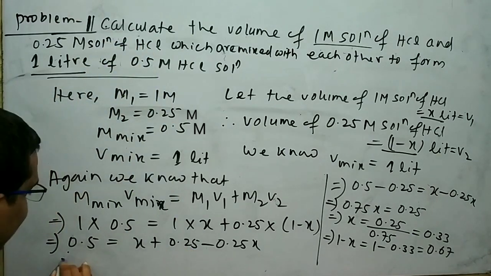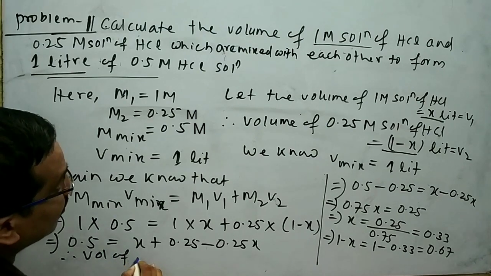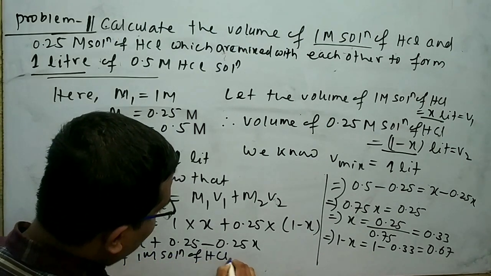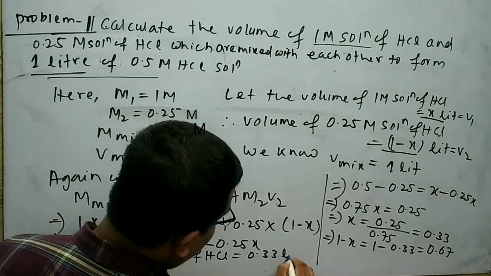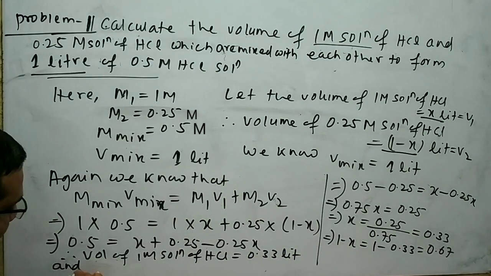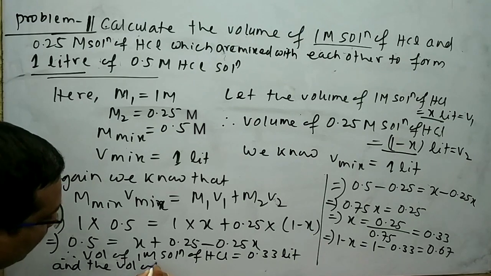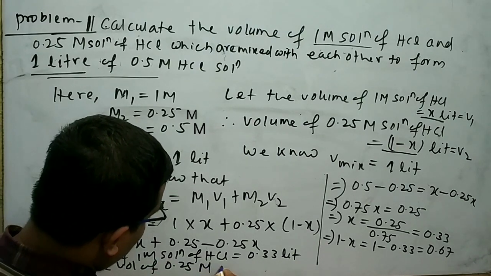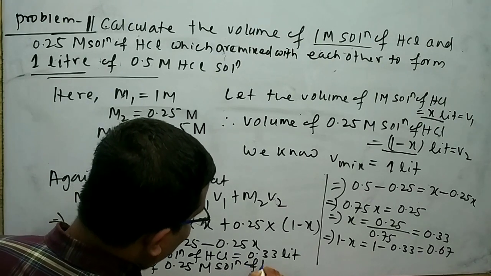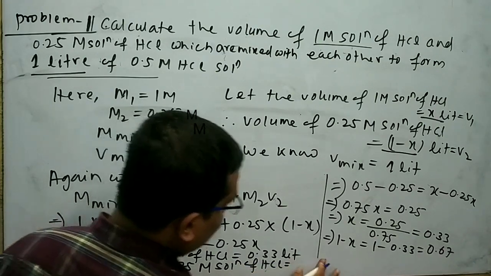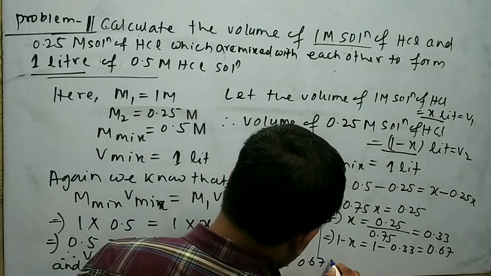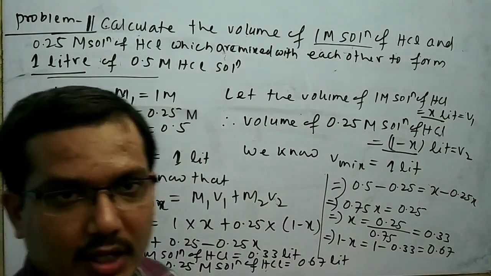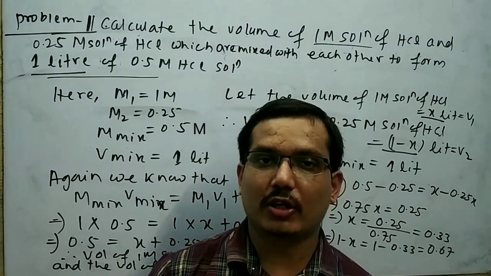So I can write volume of 1m solution of HCl equal to 0.33 liter and the volume of 0.25 m solution of HCl equal to 0.67 liter. These are the problem related to the concentration of the solution.